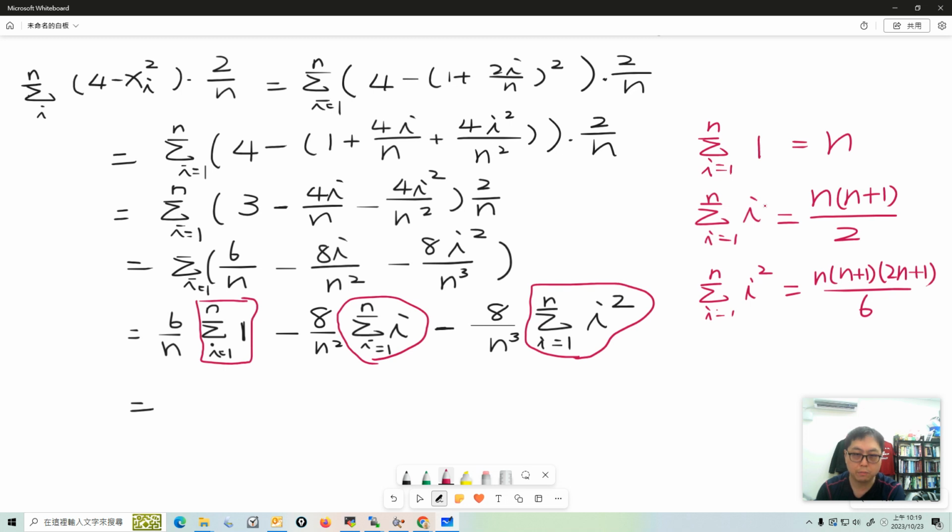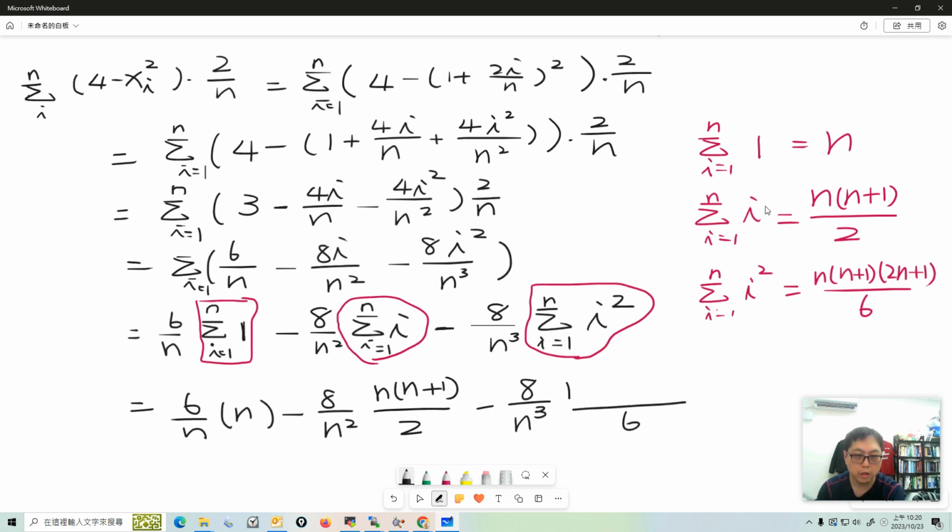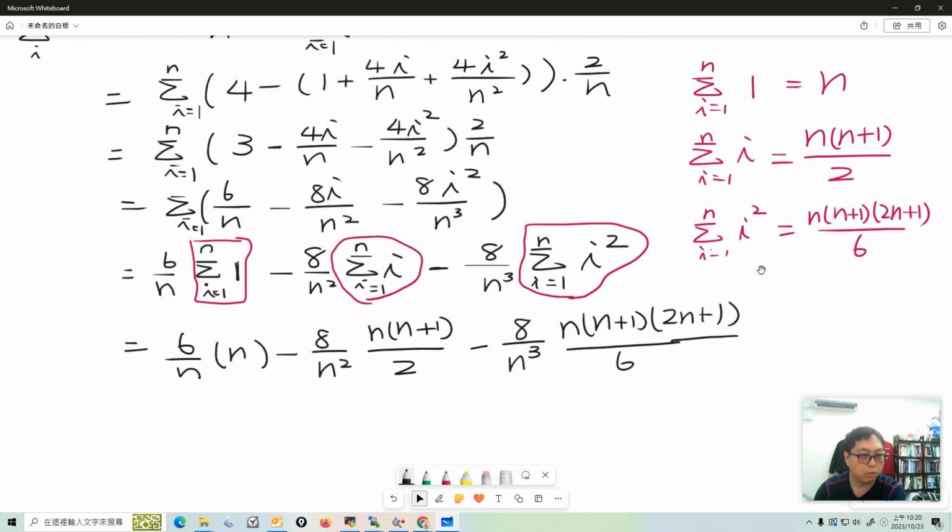Okay, so we lump this thing together. What we have is 6 times n minus a over n squared times n times n plus 1 over 2, minus 8a over n to the power 3 times n times n plus 1 times 2n plus 1 over 6.